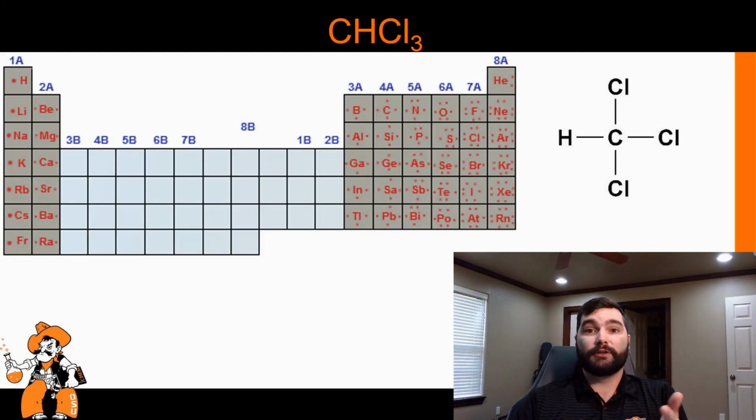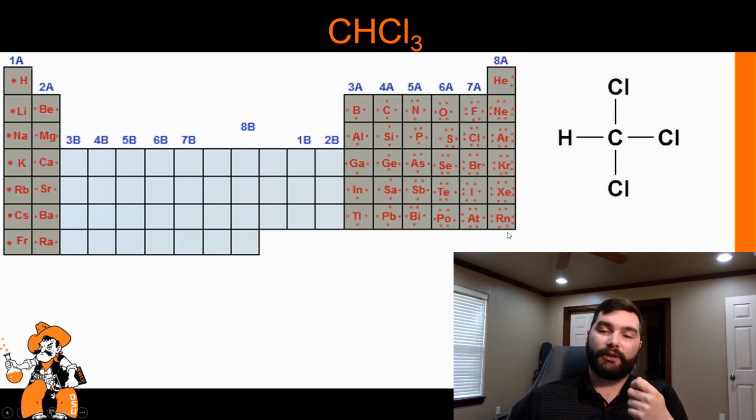So our next structure here is trichloromethane, better known as chloroform, CHCl3. It's pretty similar to carbon tetrachloride. However, one of the chlorines has been replaced with a hydrogen now. Because of that, we now have a polarity difference.